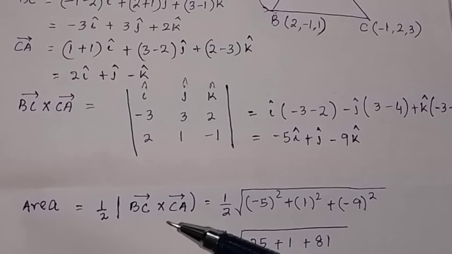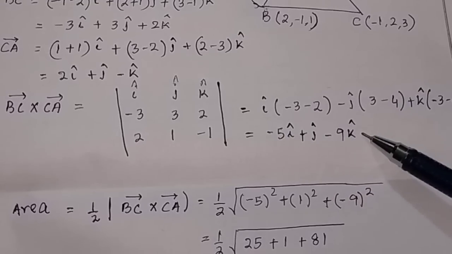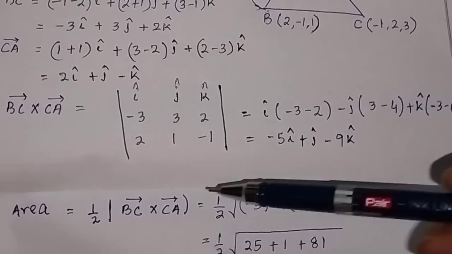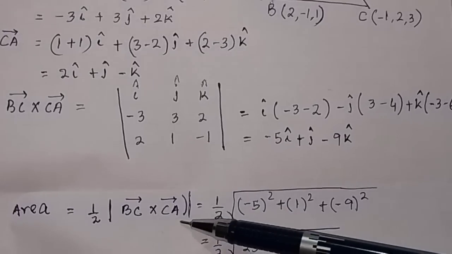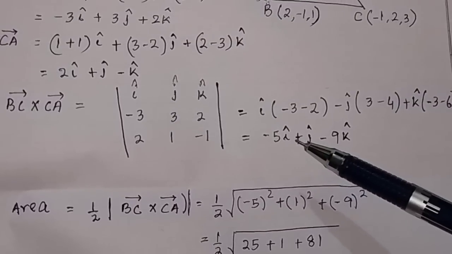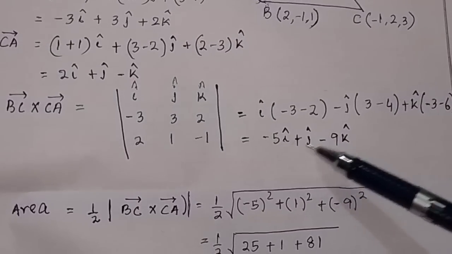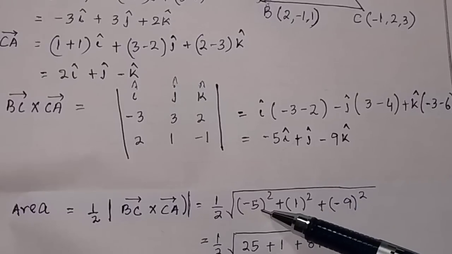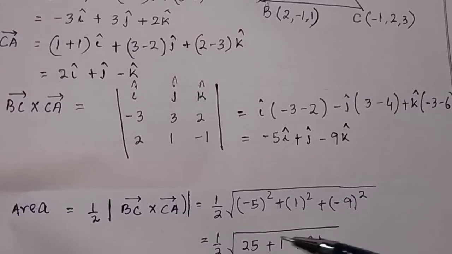And we know the area is equal to the magnitude of this vector, the cross product of this vector. So the magnitude of BC cross CA. BC cross CA is equal to minus 5 i cap plus j cap minus 9 k cap. So the magnitude of this vector will be equal to the square root of minus 5 square plus 1 square plus minus 9 square.